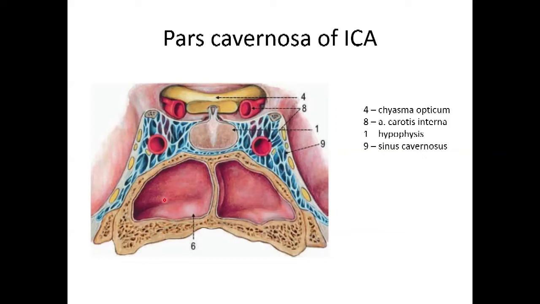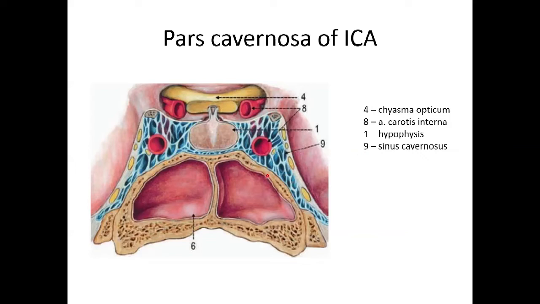It's paired, this is left, this is right, and between them there is an internal wall. And number 9 is sinus cavernosus.